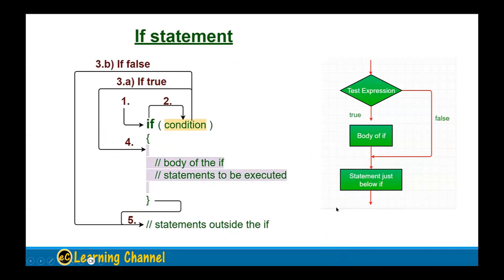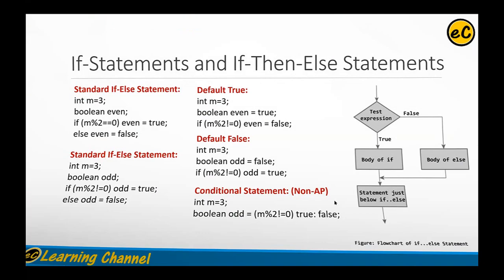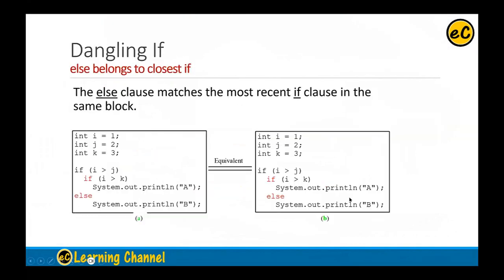So for an if statement you have if condition, if the condition is true, you go into the bracket. If not, you get out. That's it. Okay, this is if then else. Dangling else means that you have the else. There are maybe two ifs and you don't know which one it belongs to.